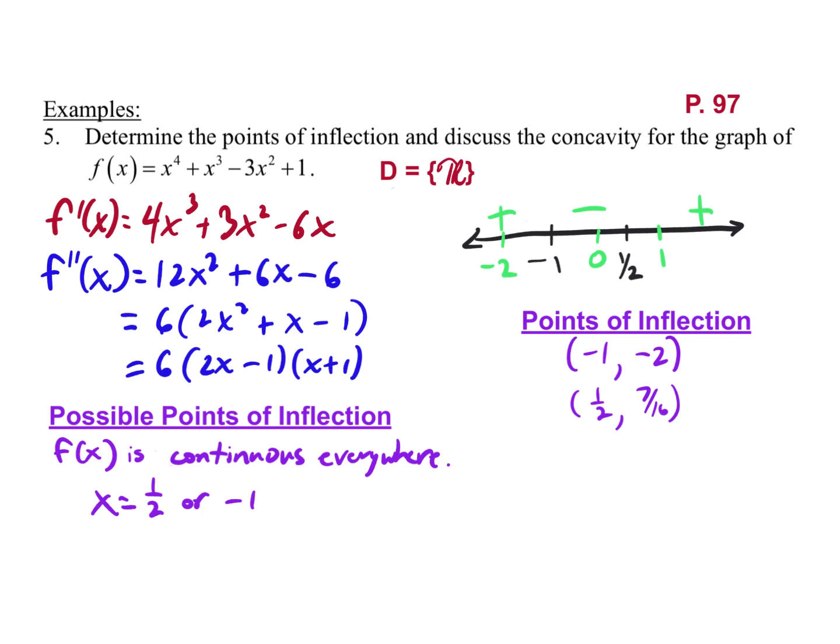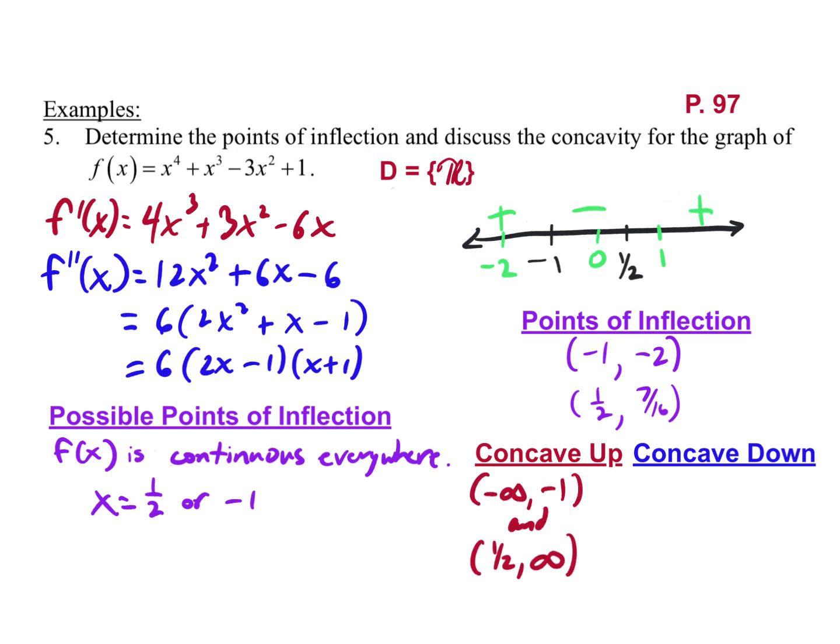Then the last part is talk about what intervals it's concave up, what intervals it's concave down. And of course, the number line tells us that. So I kind of put a concave up column and a concave down column. So concave up is wherever we have these positives, and concave down is negative. And so you can write union, you can write and, you can write or.